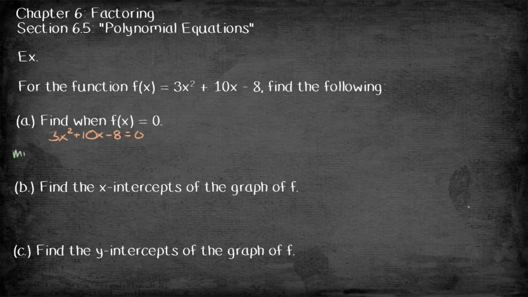Okay, so now let's see. I want mn to be equal to 3 times 8 is 24. And let's see, so the last sign is negative, which means they're different signs. So their difference has to be equal to 10 in absolute value. So let's think about the factors of 24. We have 1 and 24, 2 and 12. 12 minus 2 is 10.